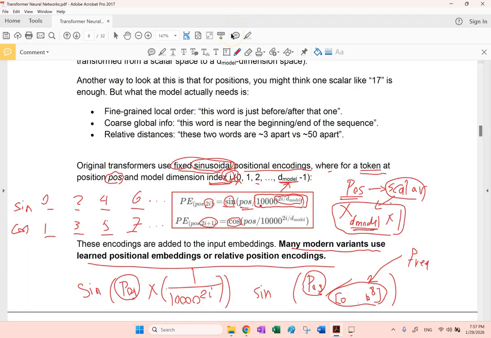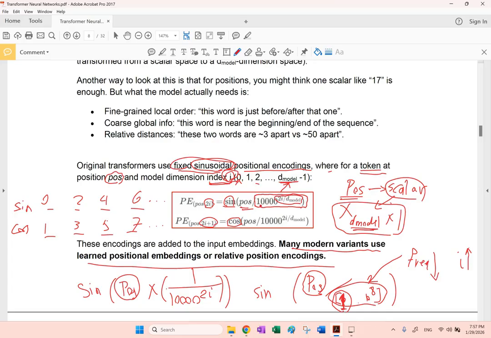As i goes from 0 to d_model, initially this is some number to the power 0, which is 1. So for small i's your frequency is about 1 over 1, which is high frequency. As i gets bigger, your frequency drops.